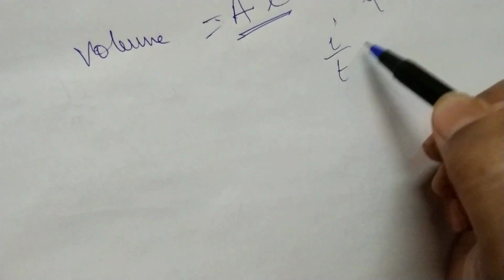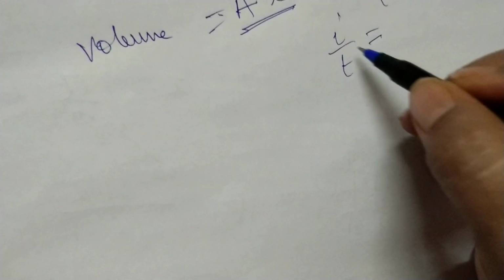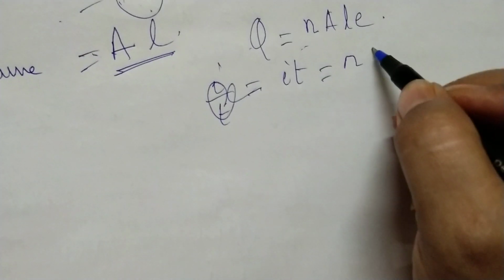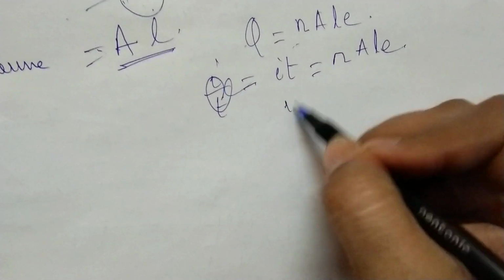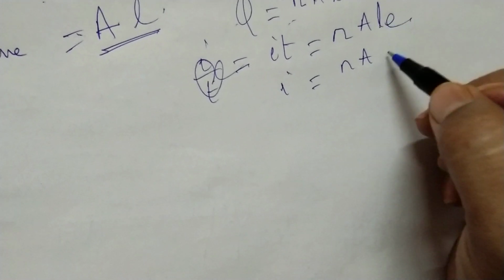And q is equal to I t, sorry, q is equal to It. So this becomes n A L e, and we can write I = n e A vd.